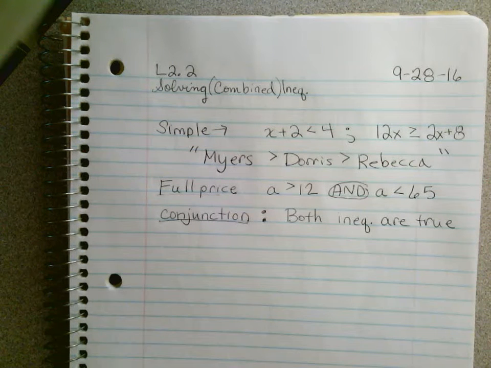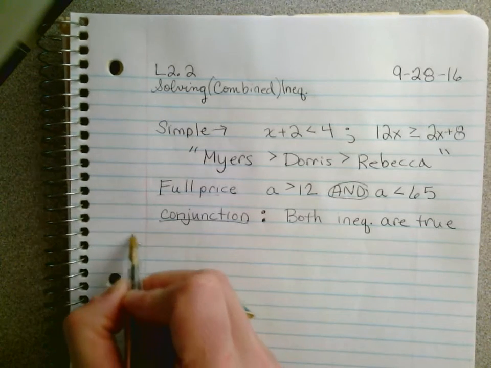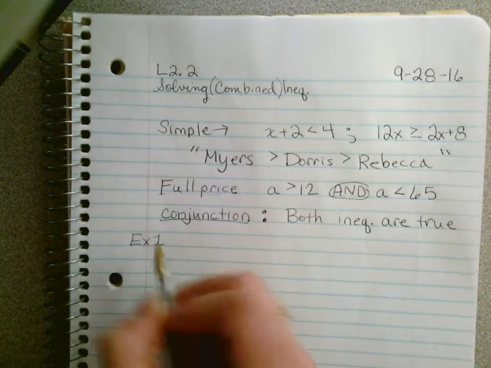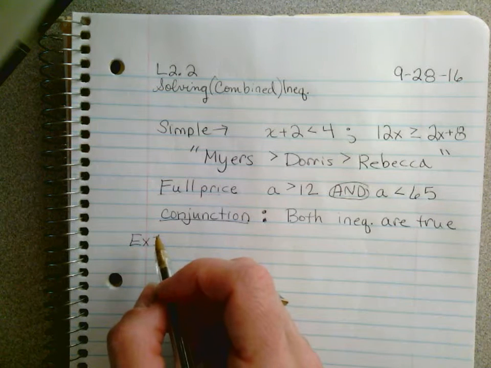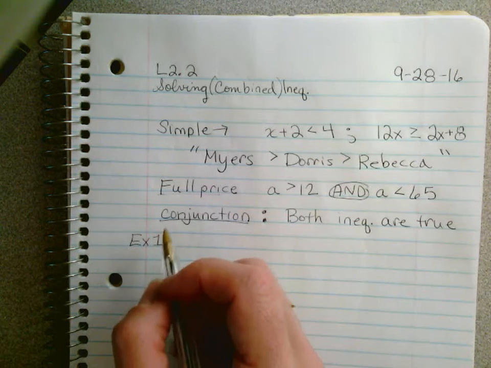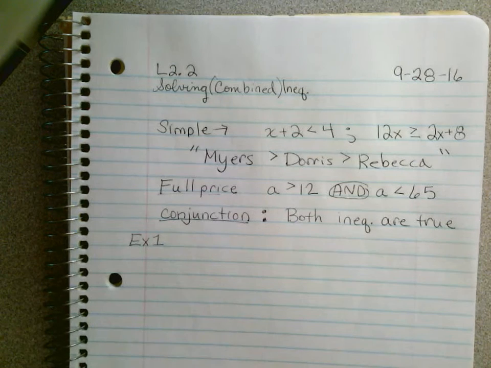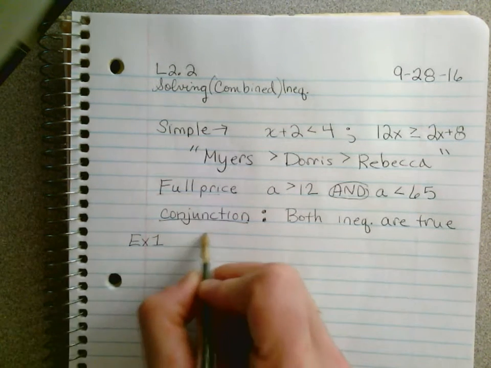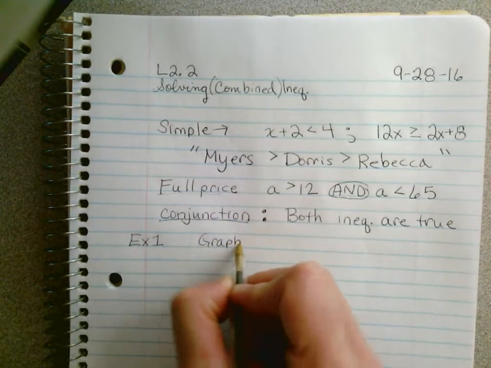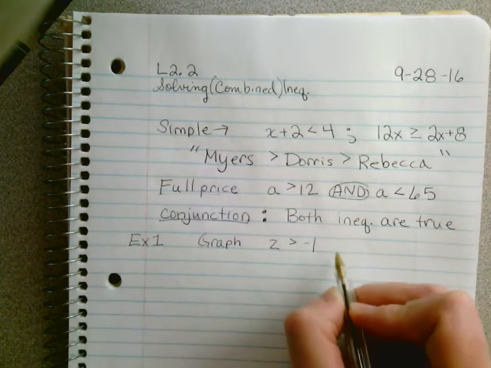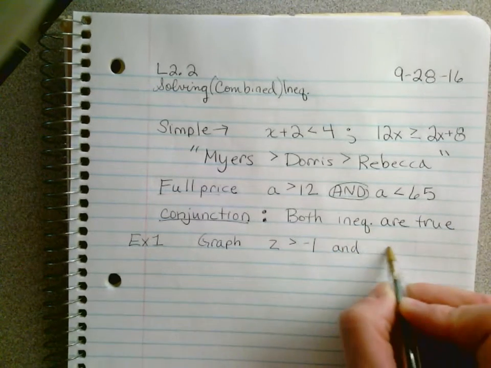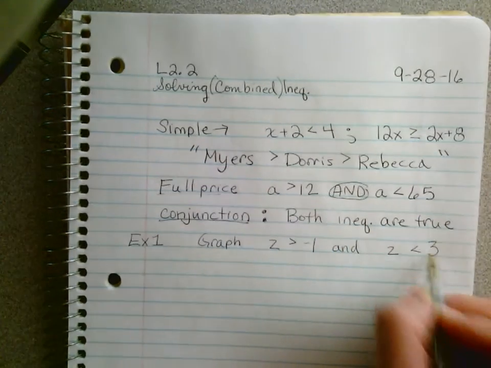This first example is quite simple. It says, graph the conjunction of something and something else. I'm trying to find one that's not the exact same one in the book. So we're going to graph z is greater than -1 and z is less than 3.